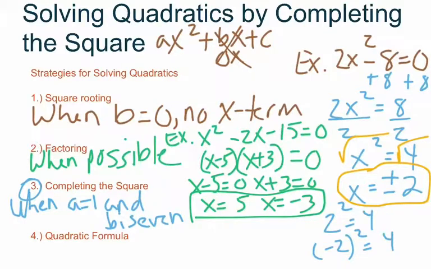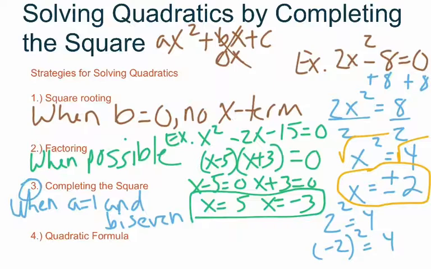There are many years when I won't teach it at all in Algebra 2 because you can always fall back on factoring and the quadratic formula. So it's not one of those strategies that you absolutely have to have in your toolbox to navigate quadratic equations well. So it did surprise me that there were several people that were using this strategy in situations where even your teachers would not have chosen to use it.